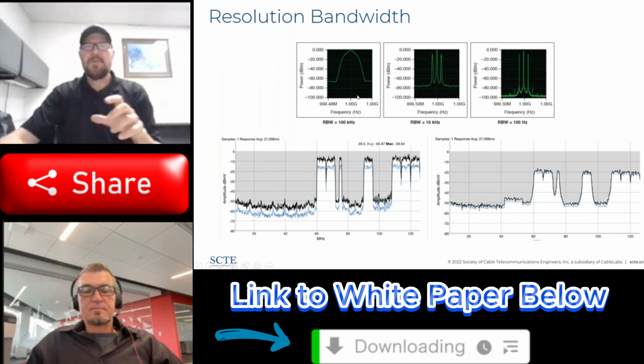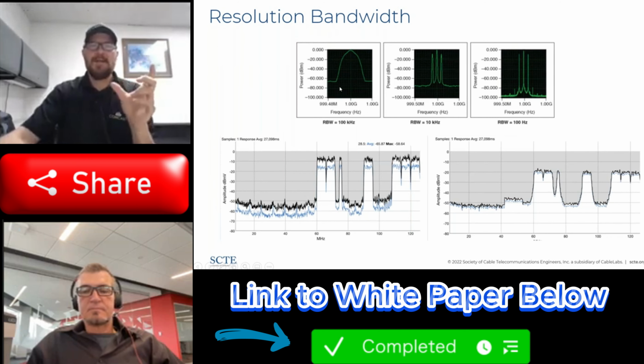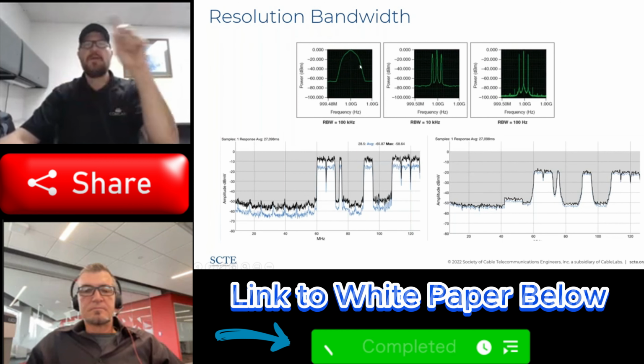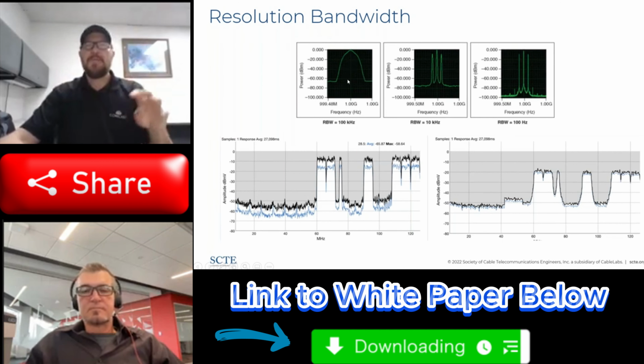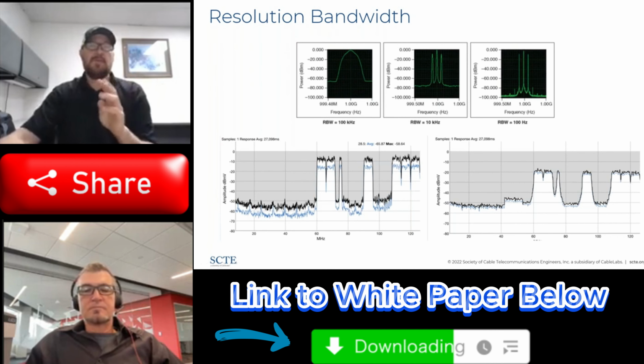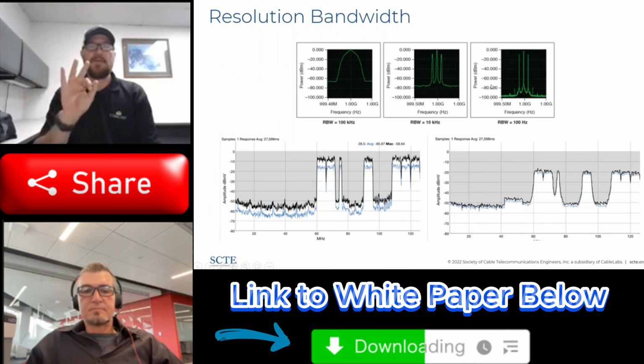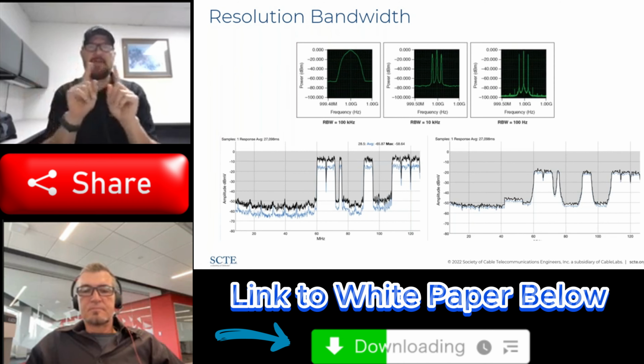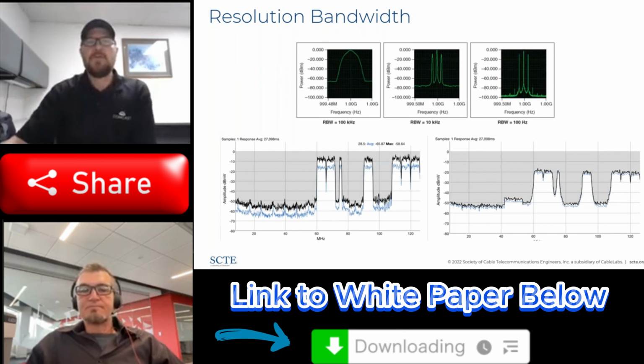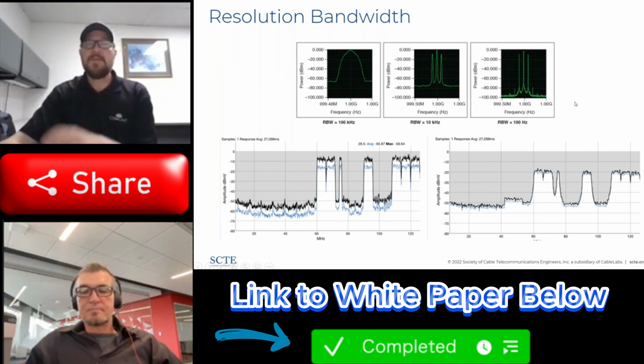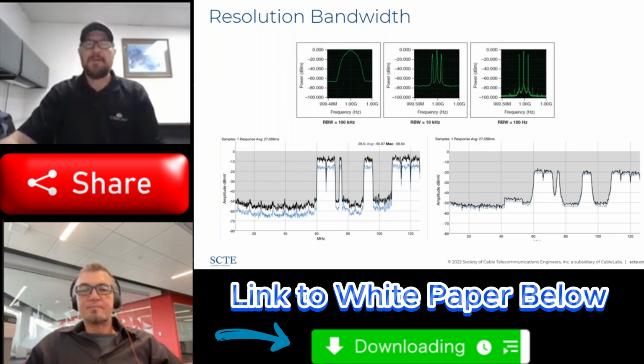And then finally, if we look at it through a really wide lens, as we sweep through there, we're just going to see one hump of energy. So we lose the granularity of seeing the reality, which is that there are three very precise, very narrow tones. So resolution bandwidth does affect how the signals are visually represented on the device that you're viewing.